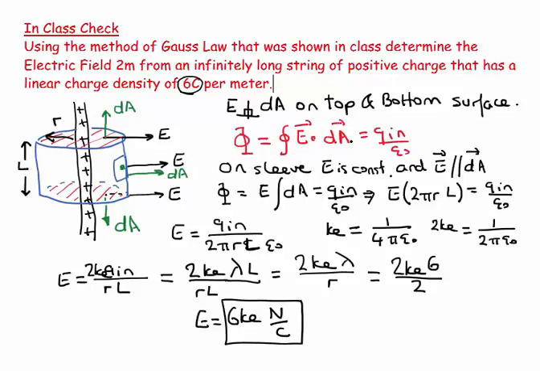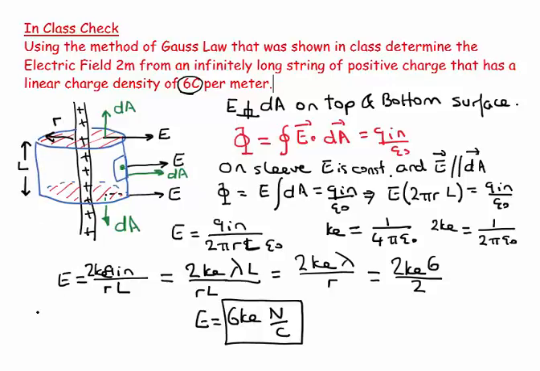If E is perpendicular to dA, I can forget about that surface because it's not going to contribute any flux to the system. And so I could discount the top and the bottom surfaces, but that left the sleeve. And so I said, well, my flux is equal to E integral dA for the sleeve, which equals Q in over epsilon naught.